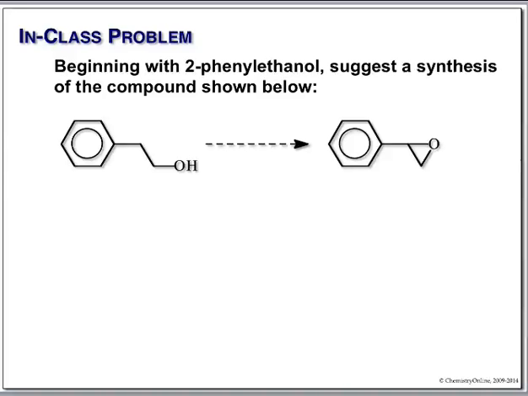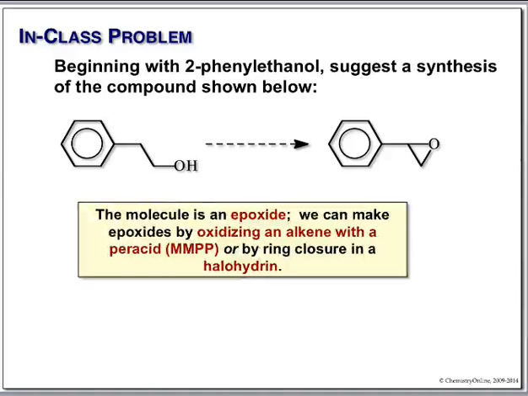We can do peracid oxidation, or we can do halohydrin and an internal SN2. Let's go ahead and do it the halohydrin way.